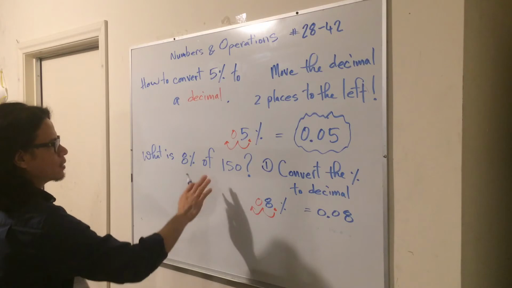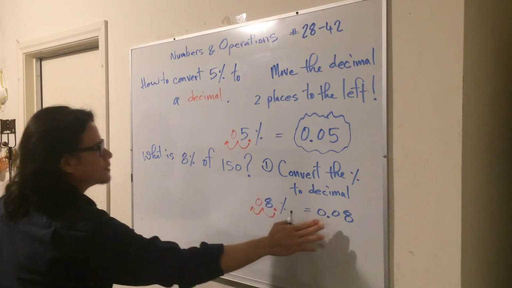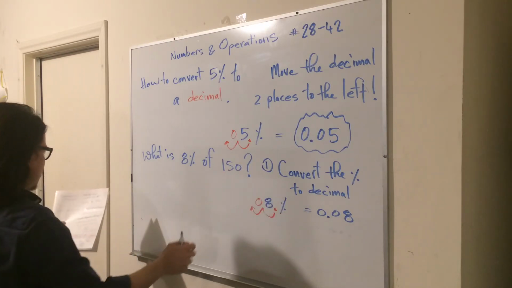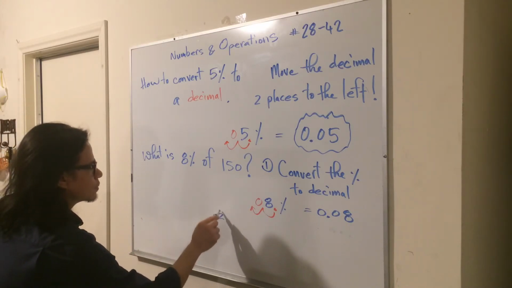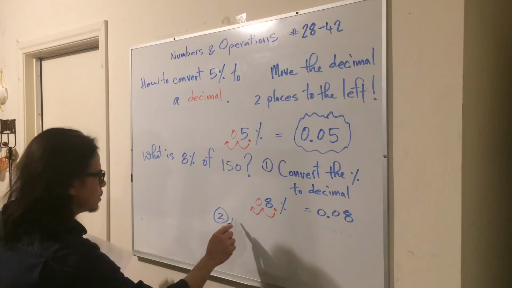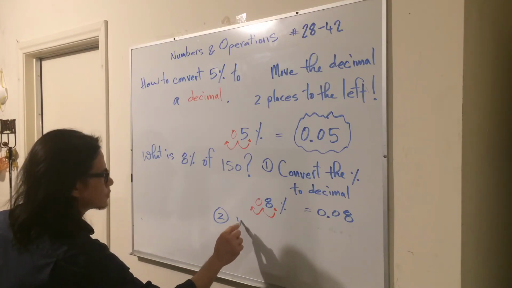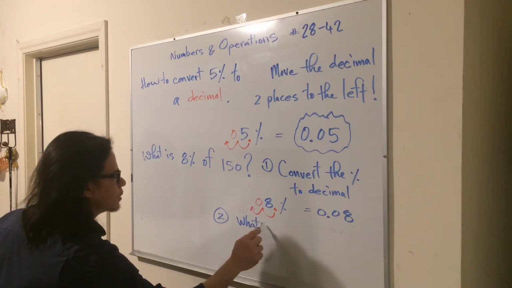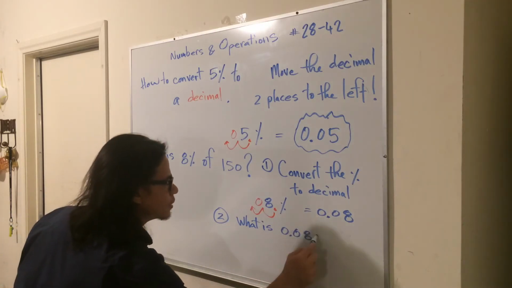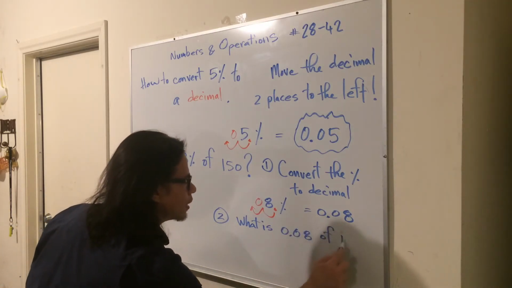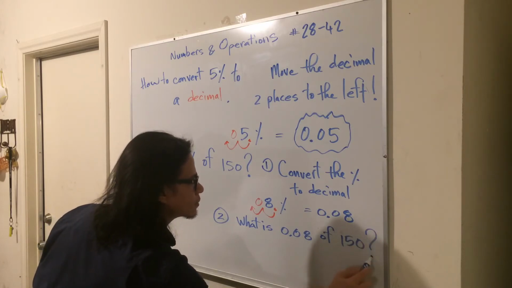We're halfway there. Now you want to find out what is 0.08 of 150. So step 2, translate this into an equation. What is 0.08 of 150?